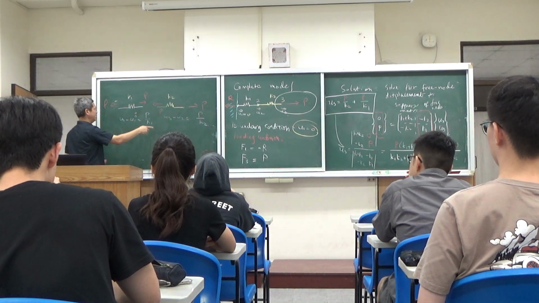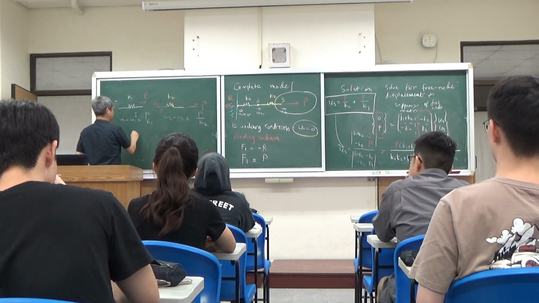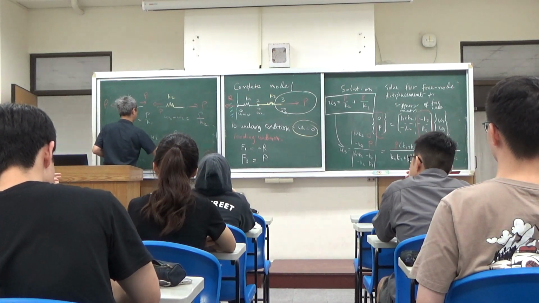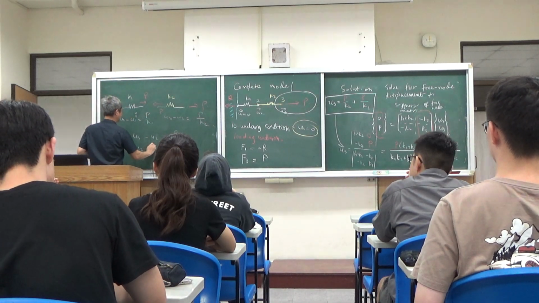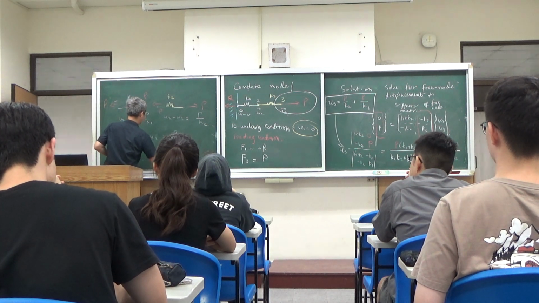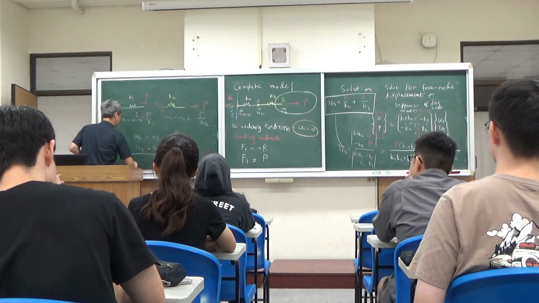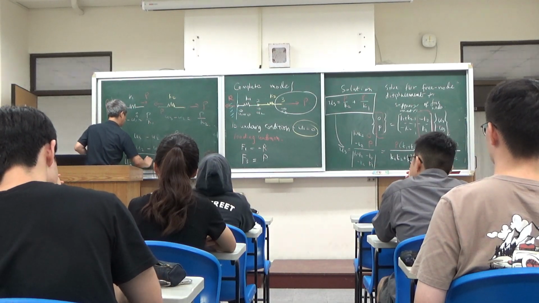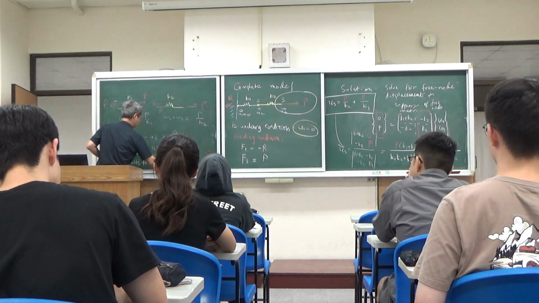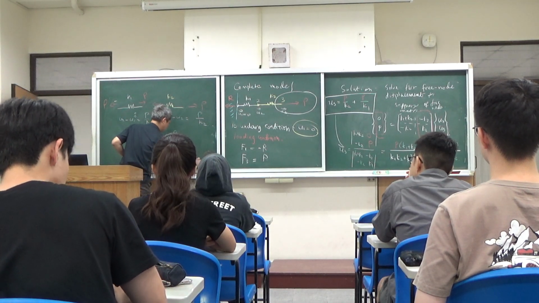if I do this substitution, U3 minus U2 equals P over K2, and U2 minus U1, with U1 equal to 0, equals P over K1. If you do the sum, then U3 minus U2 plus U2 minus U1 is equal to P over K2 plus P over K1.